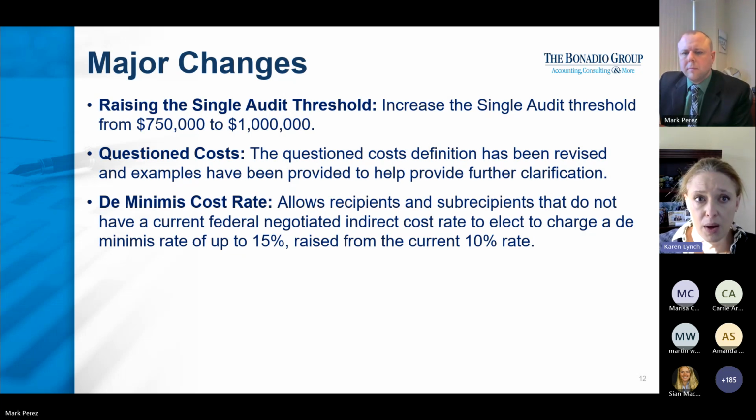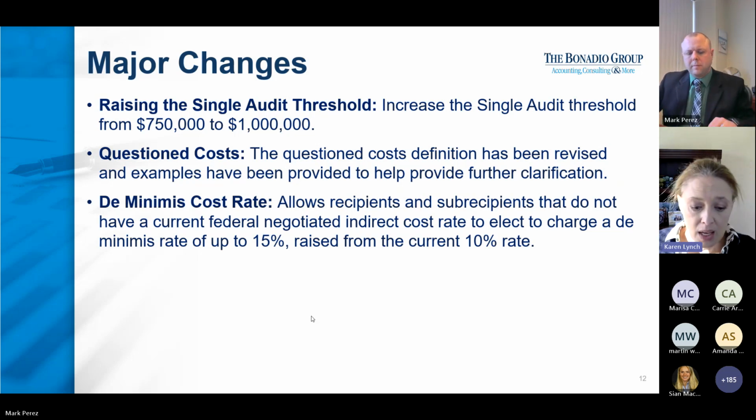Whether you apply it or you don't, it's elective. But the rate has now gone up to 15% from the 10%. And again, this is an election you can make. It's up to 15%. You're not required to do 15%. You can still choose a different rate or no rate at all. But if you are one of those organizations that does like to take advantage of it to cover some administrative indirect costs, you could now increase that up to 15%.